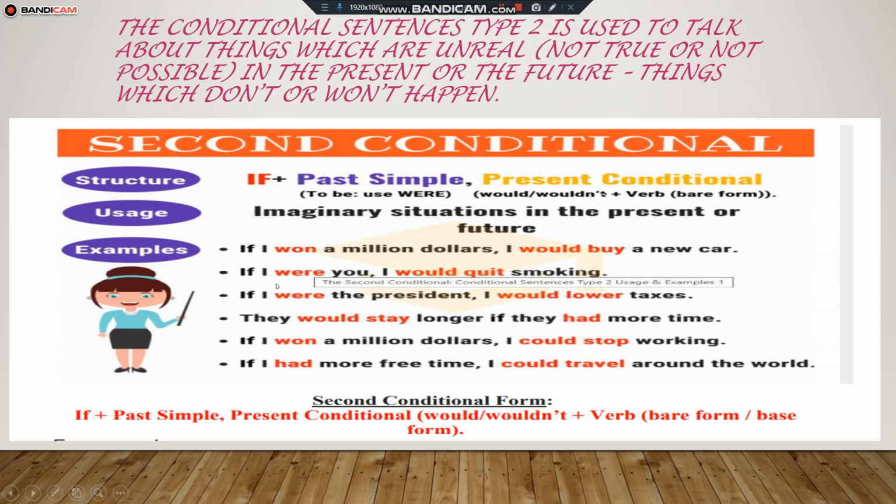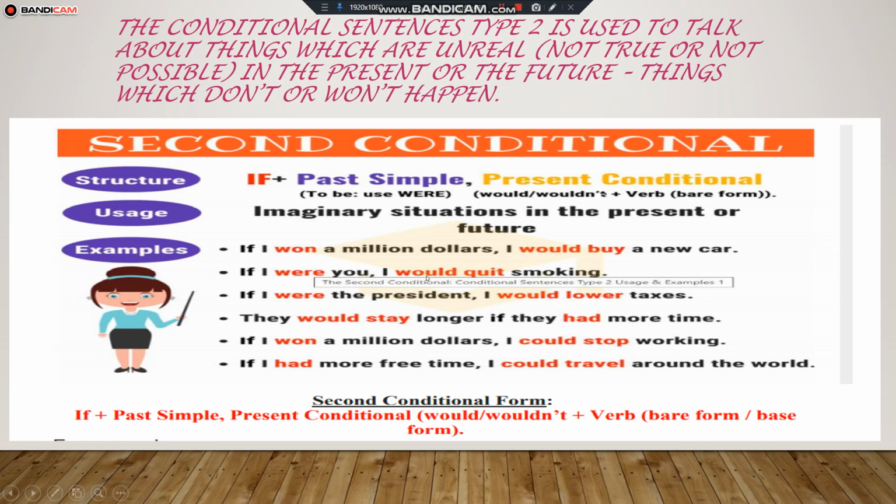For example, if I were you, I would quit smoking. Quit means resign. Okay guys. So here, if I want to form this sentence: if plus subject plus verb to where is a verb to of be, comma, subject, this is the main clause, with would plus the base form of a verb.